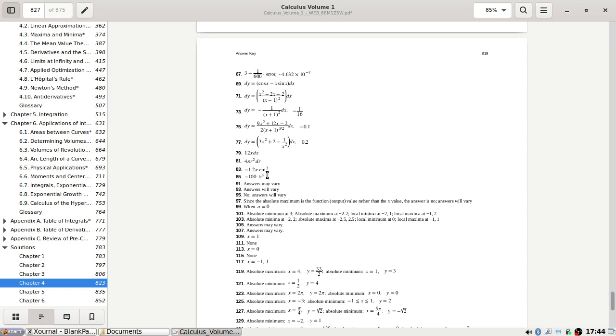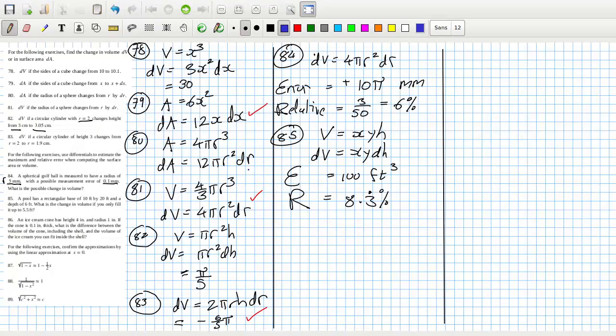85, minus 100. Where's the relative one? For the following exercise, use differentials to estimate the maximum and relative error.